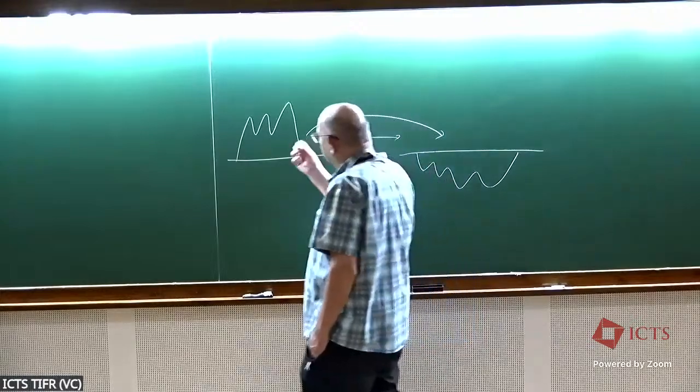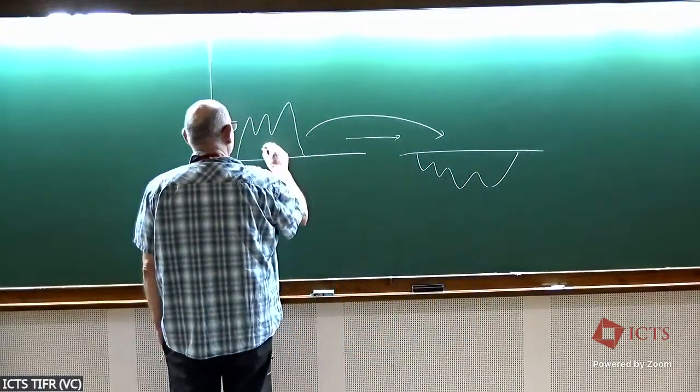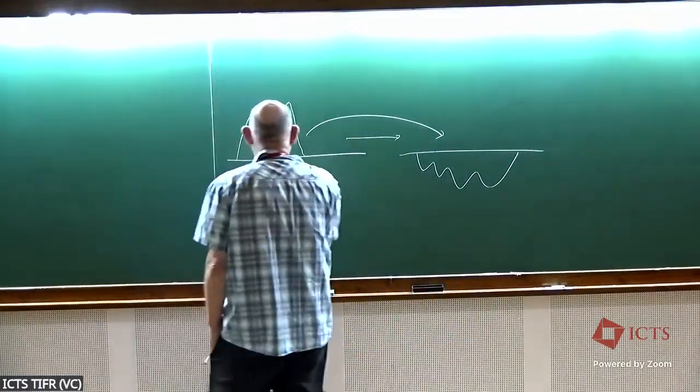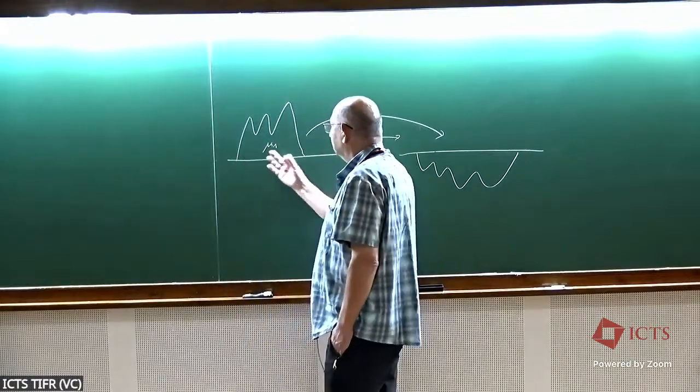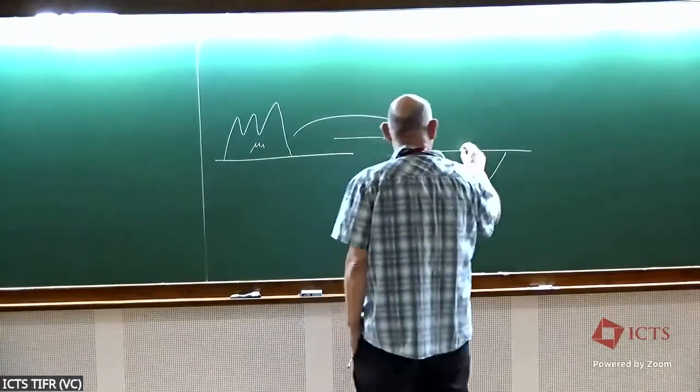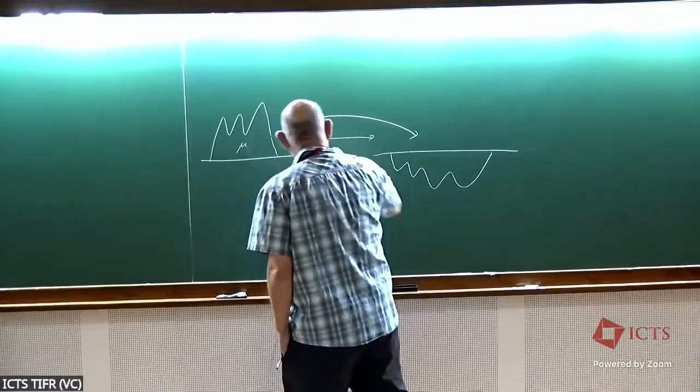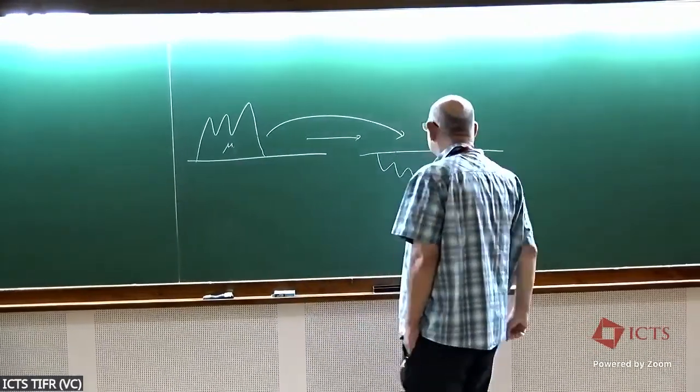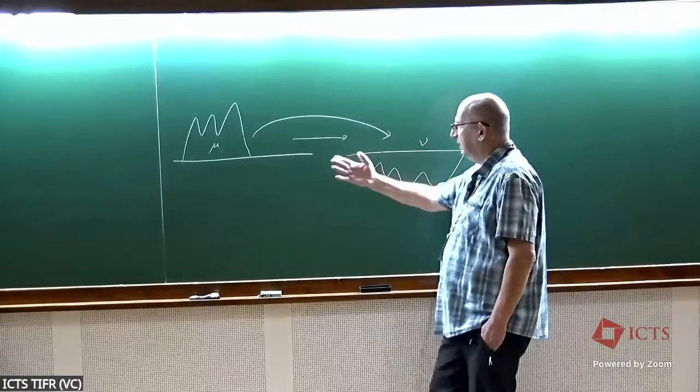So this is one shape, call it mu. You can think about it as a distribution of some material. And this is another distribution, nu, and we assume that they have the same total mass.